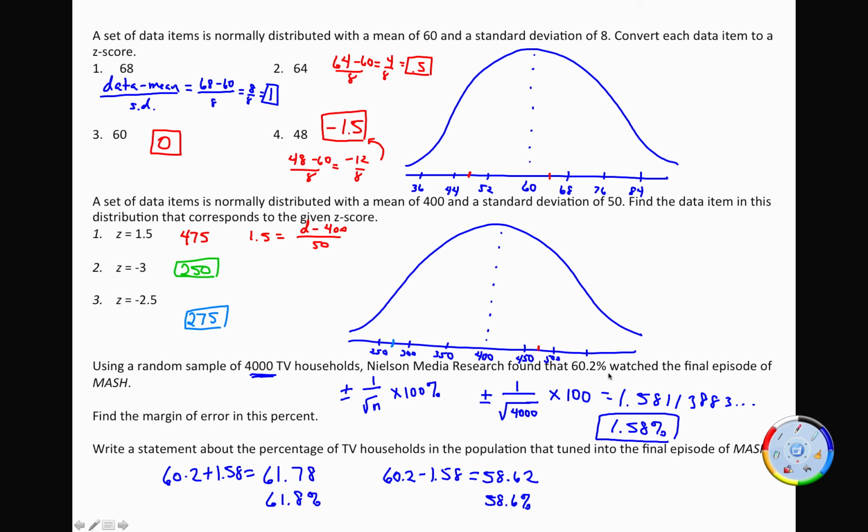If they found 60.2% watched the final episode, then we're 95% sure that it was actually somewhere between 58.6 and 61.8 that indeed did tune in to watch the final episode of MASH.